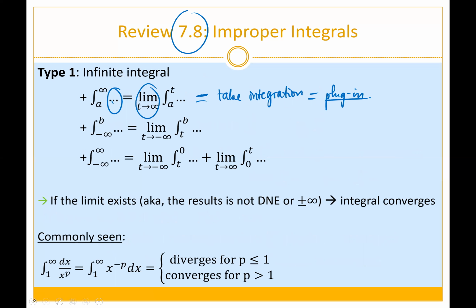The hardest thing you can be asked in this section is something where you have to take an improper integral with infinity, then do the integration using material from midterm 1, and then find the limit. The hardest thing they can ask is that the limit is going to be one of the indeterminate forms.